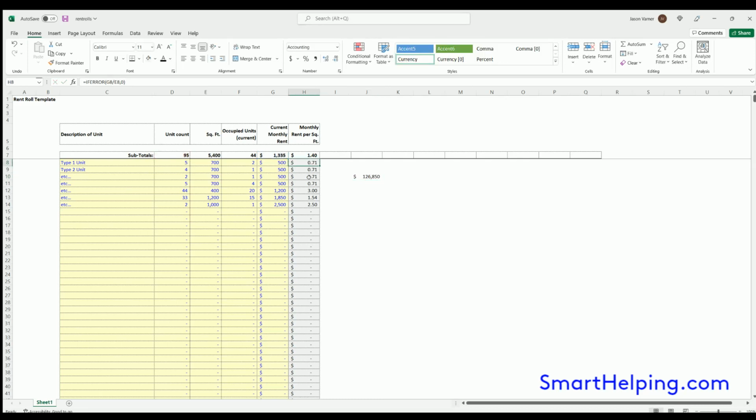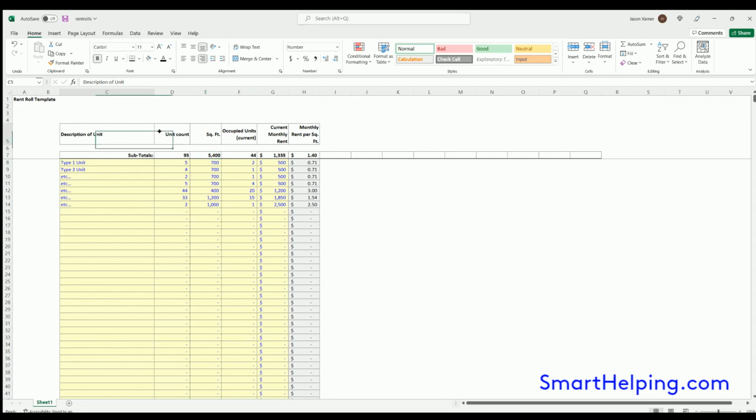This is per unit. So to get this, we'd actually multiply $1.40 per square foot times the number of units. And then we would also need to multiply by the square foot, the average square foot per unit, which we don't have here. Here we have total.